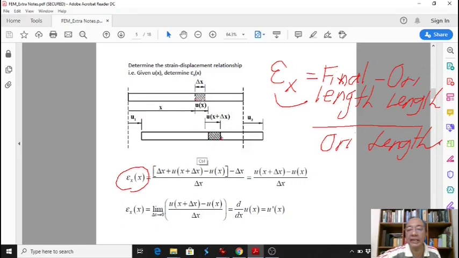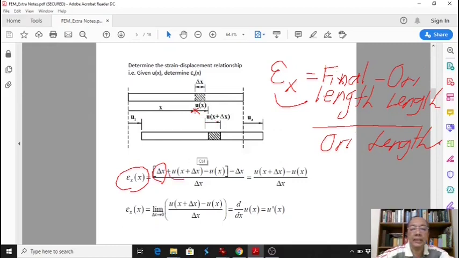We need to find the final length now. We take this point as the origin. So the length of this element is delta x, plus u of x plus delta x.